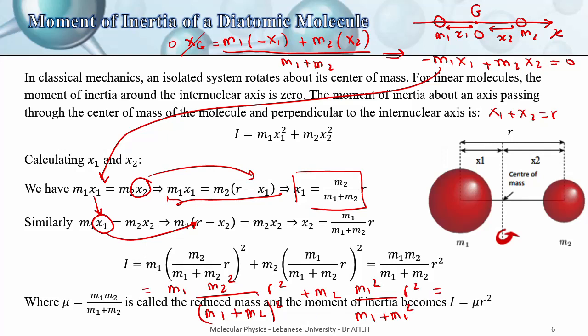We can take as common r squared m1 m2 over (m1 plus m2) squared. From the first term there remains m2, and from the second one there remains m1, so the bracket cancels out and we are left with m1 m2 over m1 plus m2 times r squared. This is the final answer.